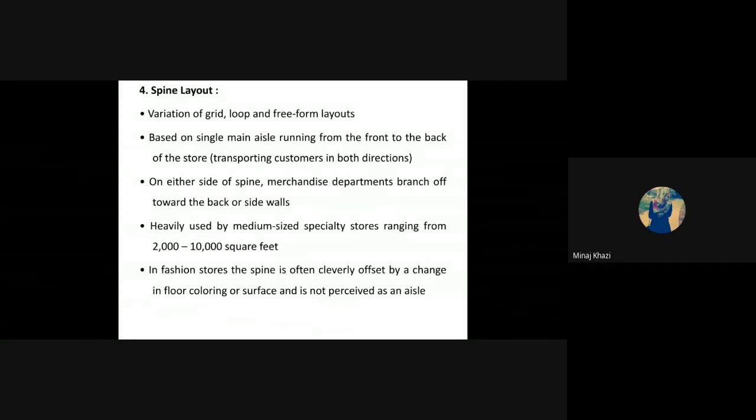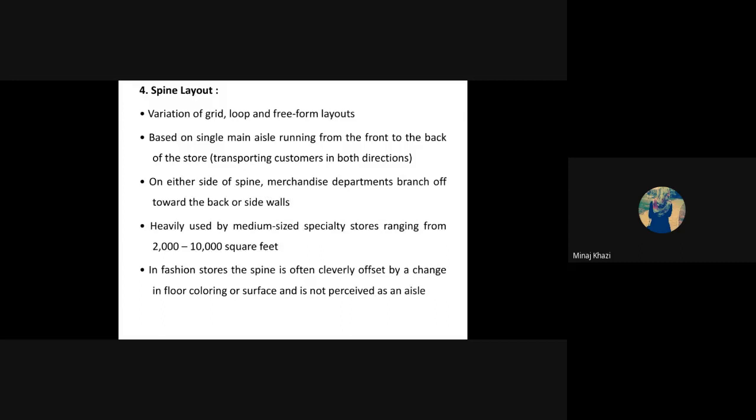If you see the stem, you find different branches from the stem. The stem is like the aisle, and the branches on the tree side by side are the different departments, which will be at the back or along the walls.